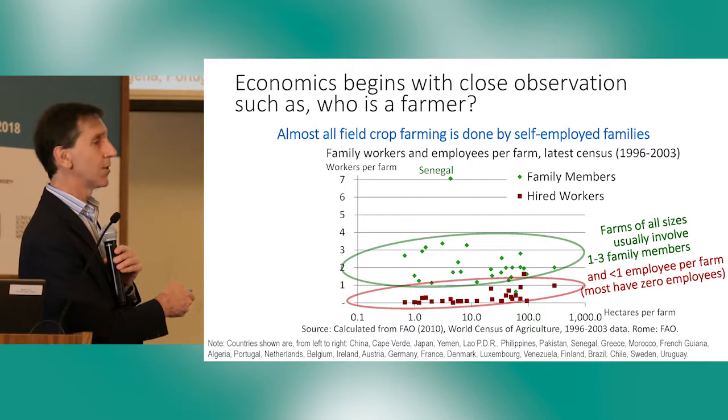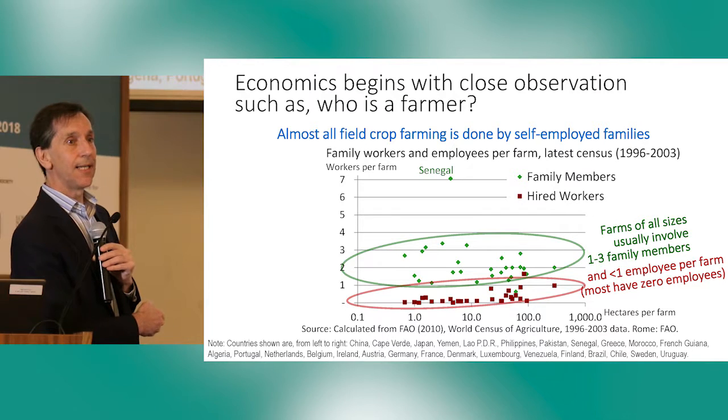So when each of these countries did a survey of every farm in their country, every single one, so not just a sample survey, but asking all of them, how many of the people on this farm are members of the family, how many are hired workers?